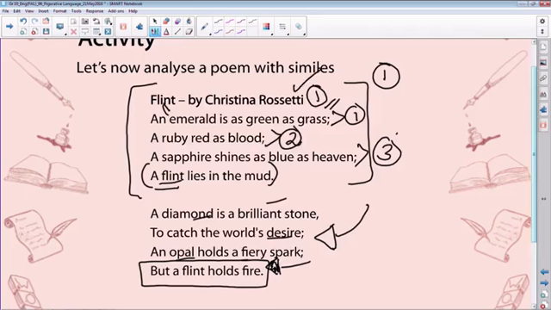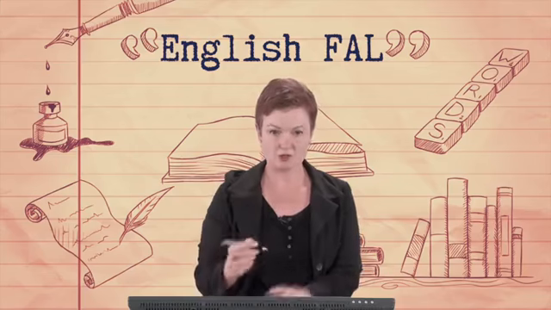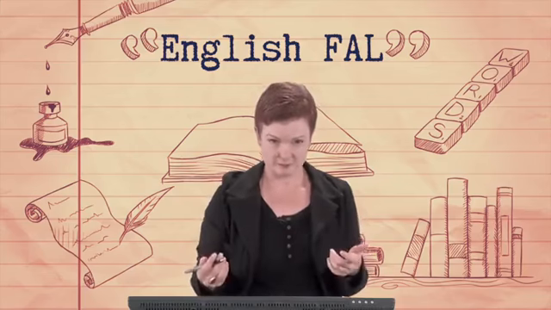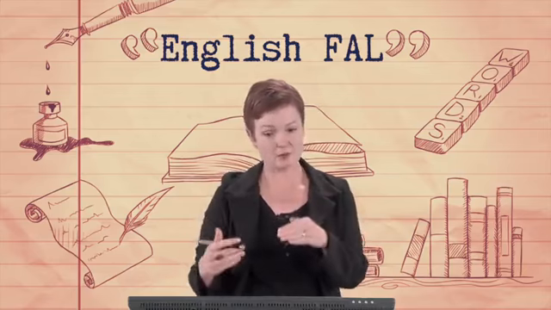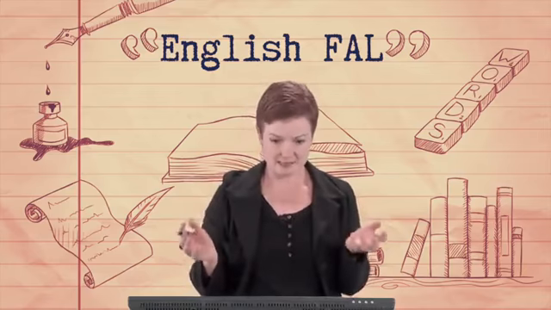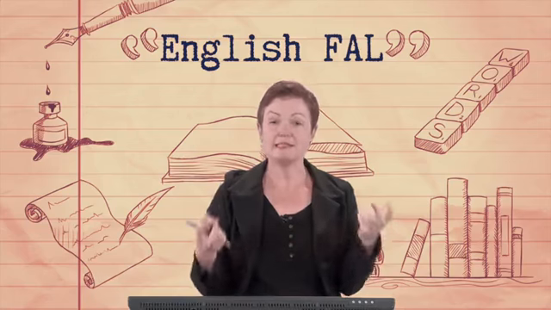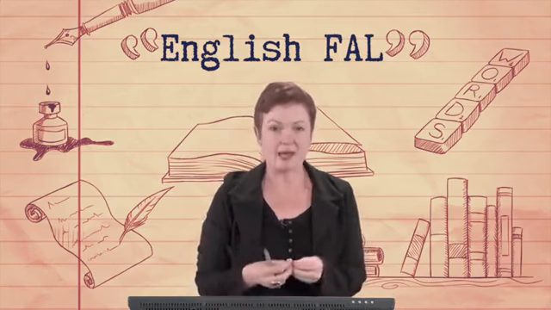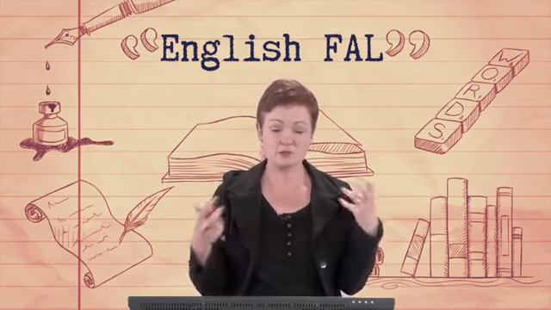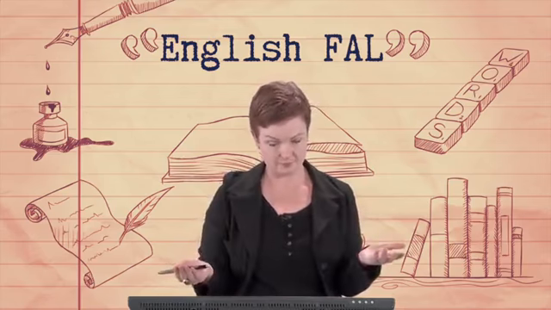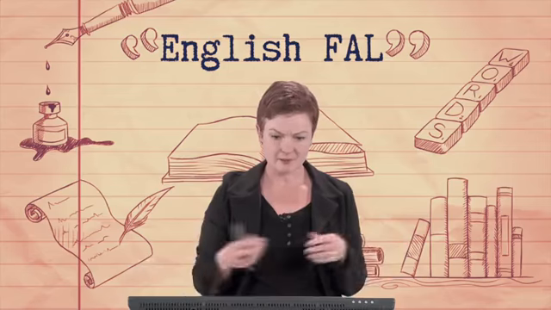Then the second part, remember you haven't fully answered the question, because the question also asks you to explain why it is effective. Perhaps you discussed something like this: it's effective because grass is a deep green color, and therefore it highlights how beautiful and green the emerald is. You could have said something like that.